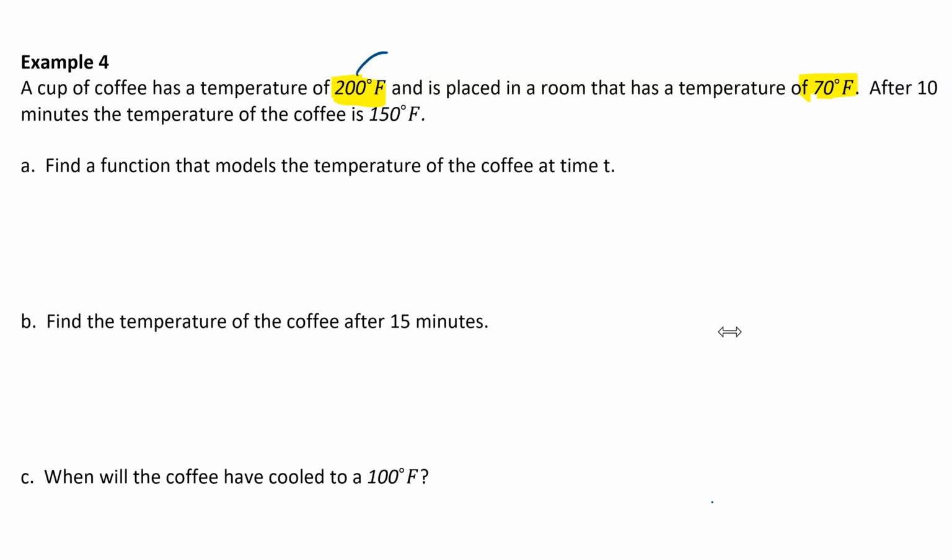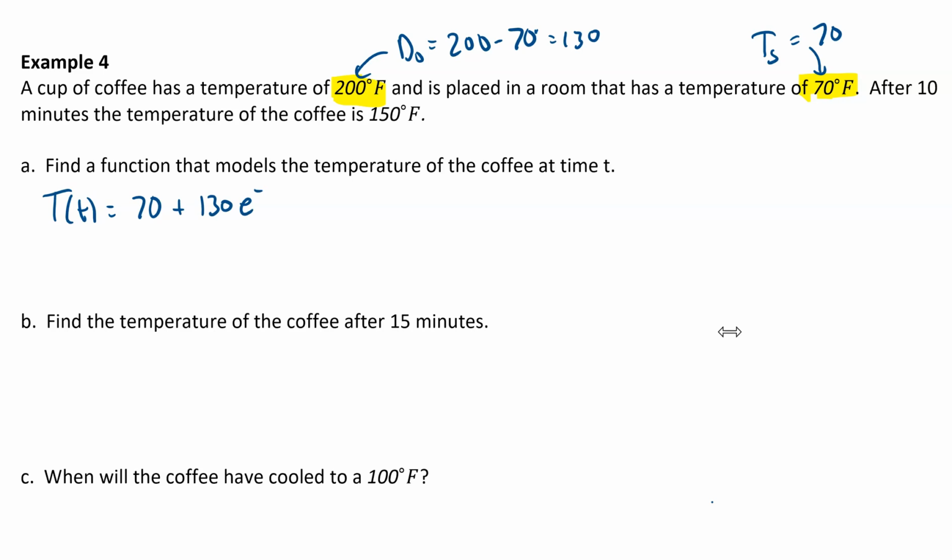The initial temperature and the temperature of the environment are two things I need. So T sub S is 70, and the difference is going to be 200 minus 70.